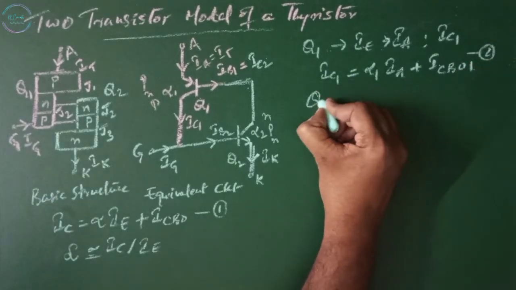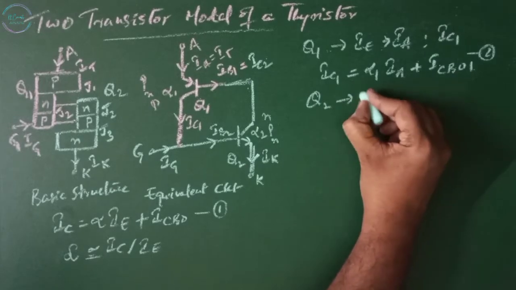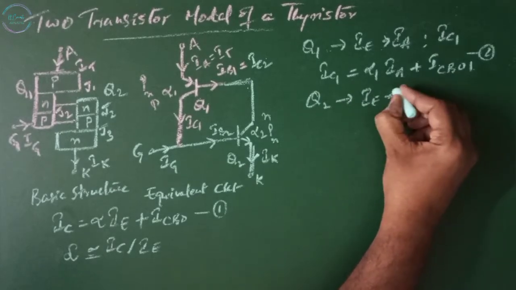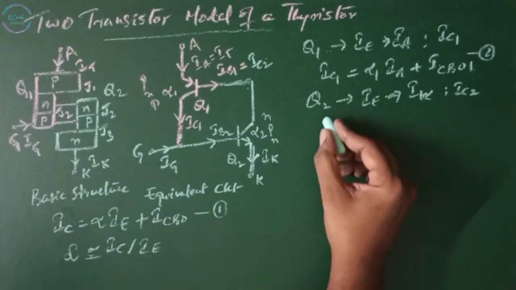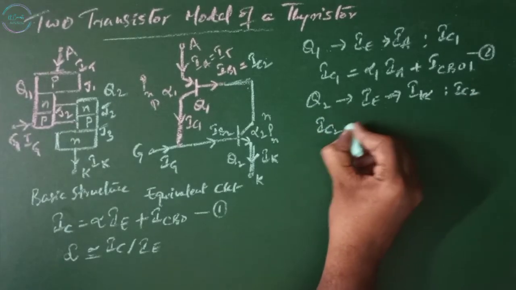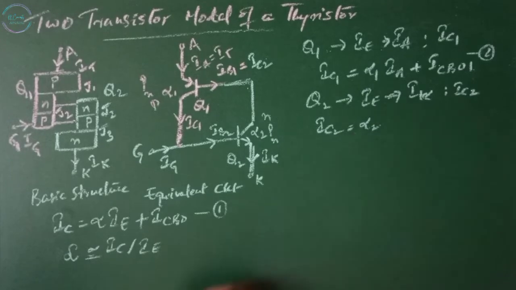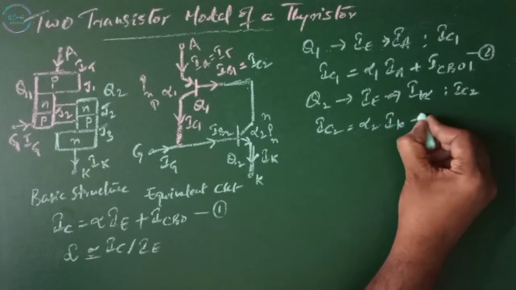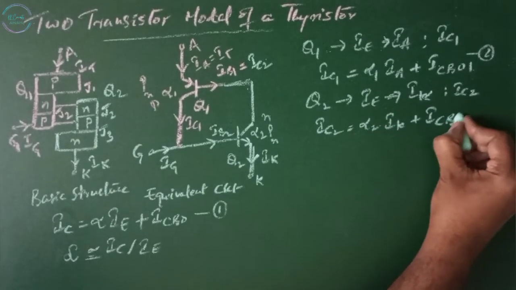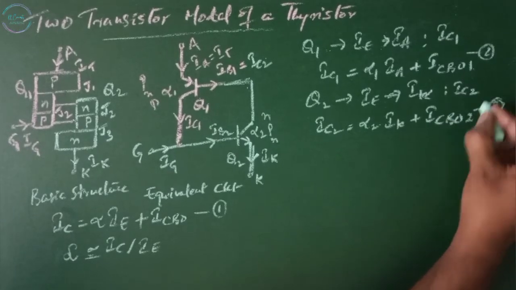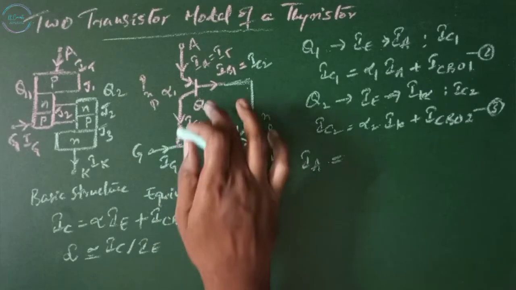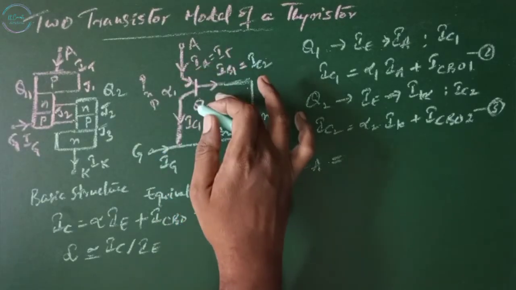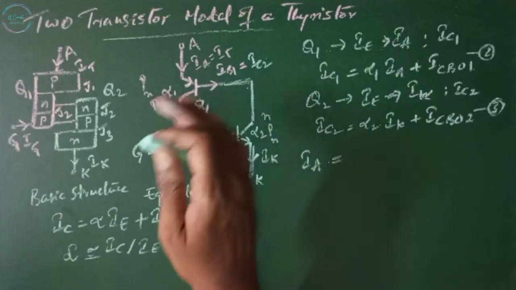Similarly, for transistor Q2, emitter current IE is nothing but IK, and IC2 is the collector current. Then the relation is given by IC2 equals alpha 2, the current gain, times IK plus leakage current ICBO2. That is equation number 3. At this node, the anode current IA is coming in and IB1 and IC1 are going away from the node.